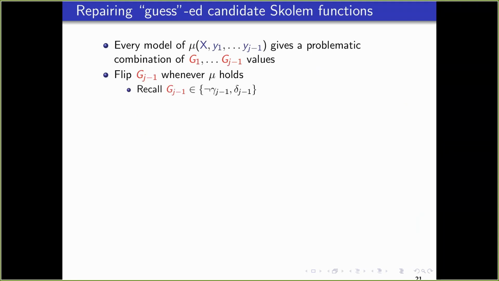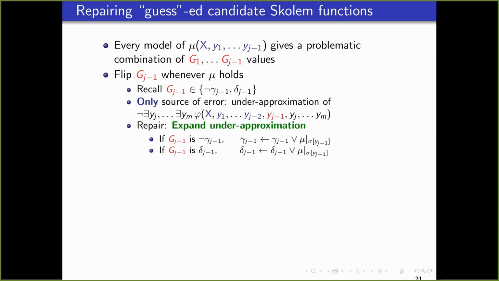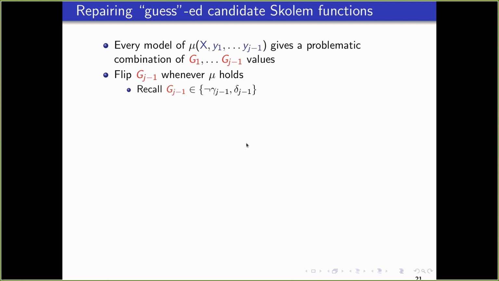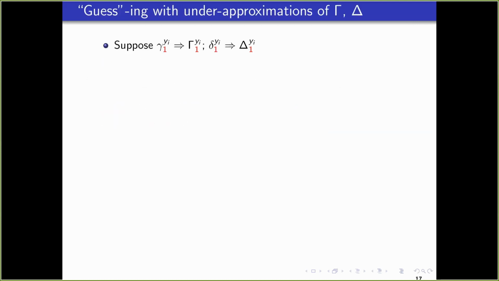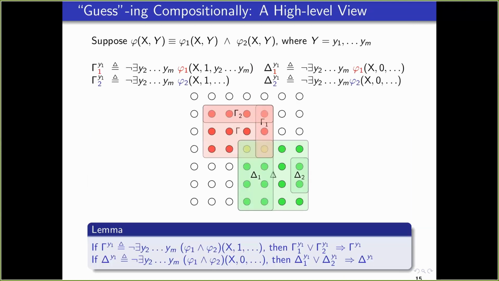So the repair is basically this. Maybe this is a good picture to see what is happening in the repair. Remember, we had said that I might be getting gamma 1 and gamma 2, but there are other parts that are left behind.